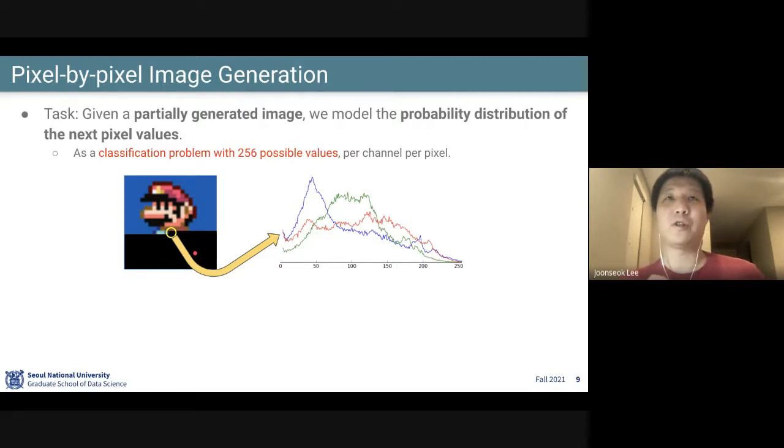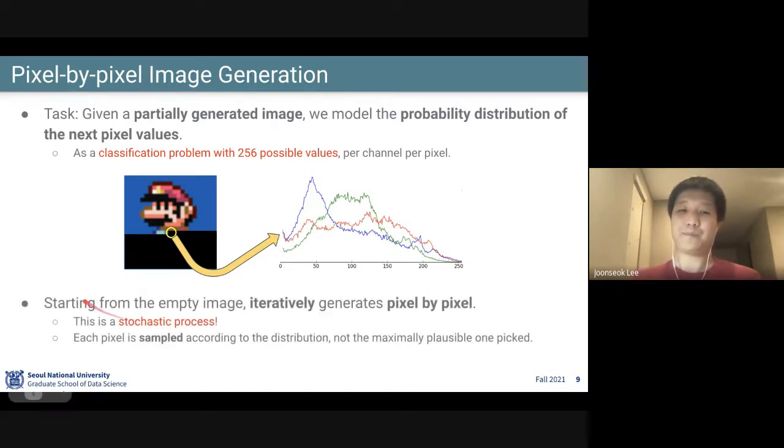So we need to estimate the probability distribution over 0 to 255 for each of the R, G, and B channels. So this is an example. Given this, the model estimated that the red will be distributed like this. So most likely it's 128 or somewhere like that. Green looks like that. Blue looks like that. So we can sample each value from this distribution, and then the color will be decided.